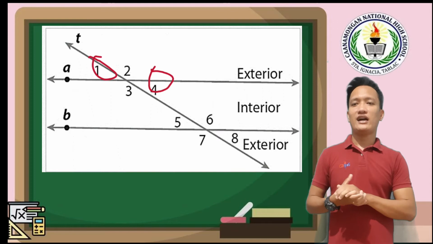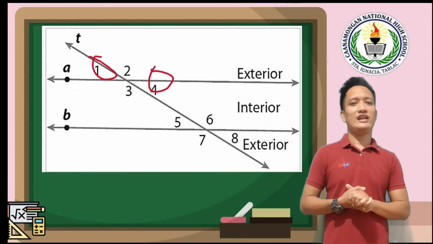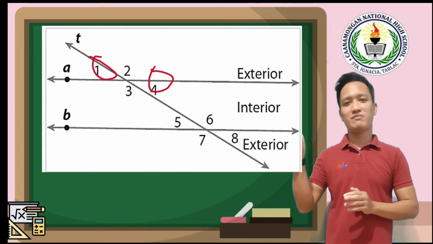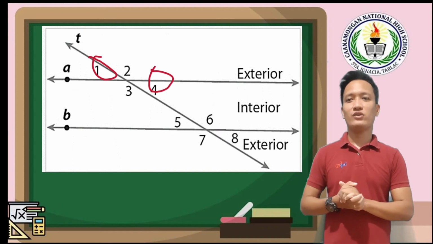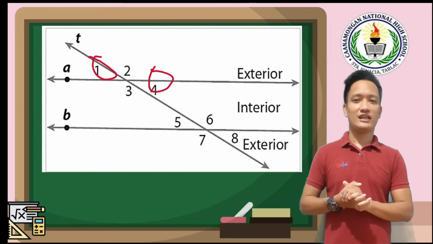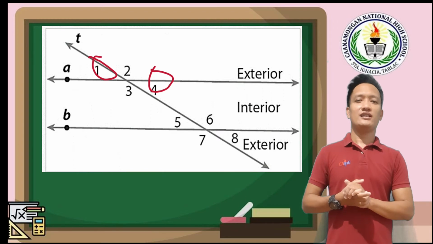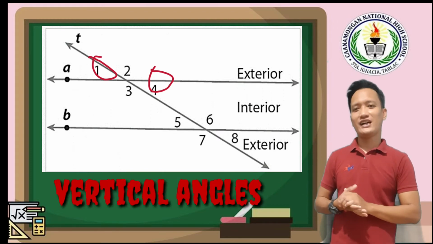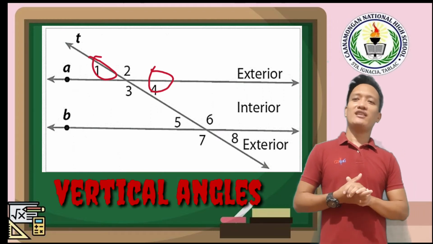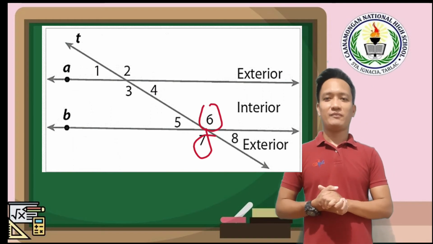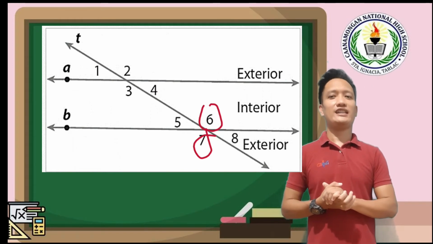So, angle 1 and angle 4. Oh, wala dun sa nasabi ko kanina because it is in our previous lesson. Angle 1 and angle 4, kung titignan natin, magkatalikod sila. So, they are vertical angles. How about angle 6 and angle 7? Sa baba, nakikita nyo.